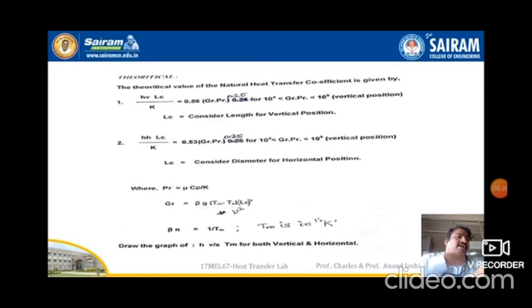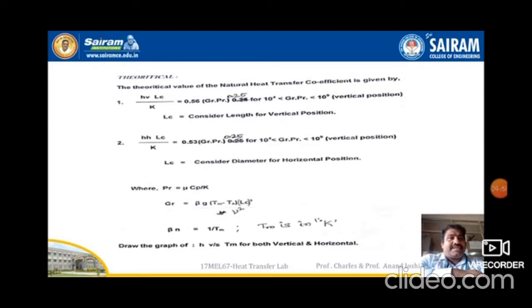This is for the vertical position, where Lc is the characteristic length. For the horizontal case, the same formula applies: h_H Lc by k is equal to 0.53 into (Grashof number times Prandtl number) to the power of 0.25, for 10 to the power of 4 less than Gr Pr less than 10 to the power of 9. This is for the horizontal case.